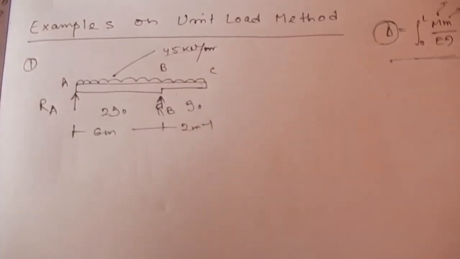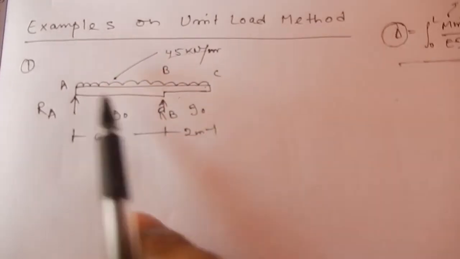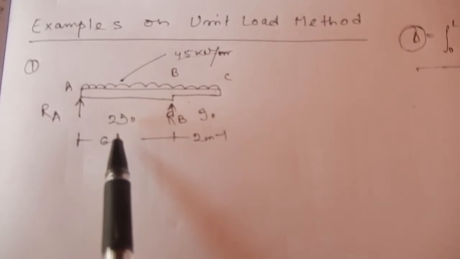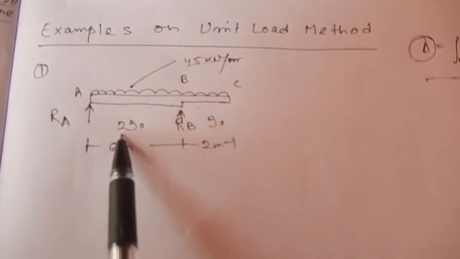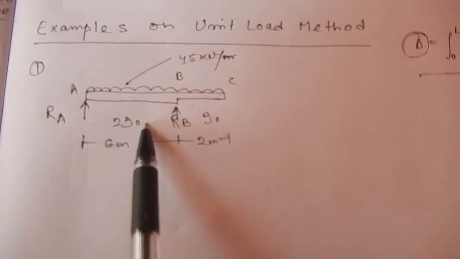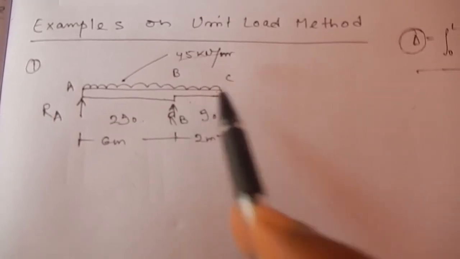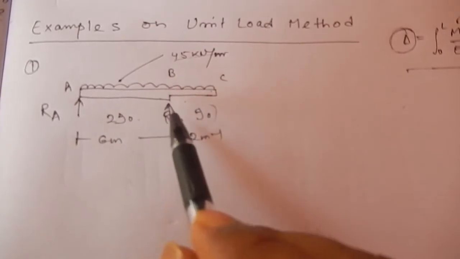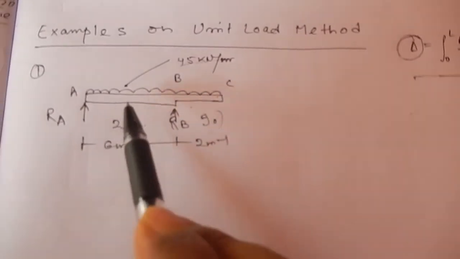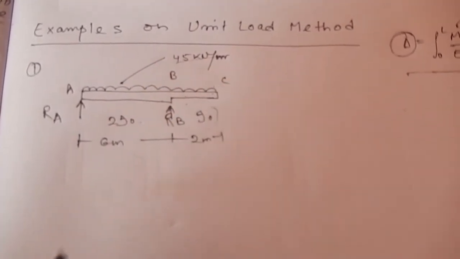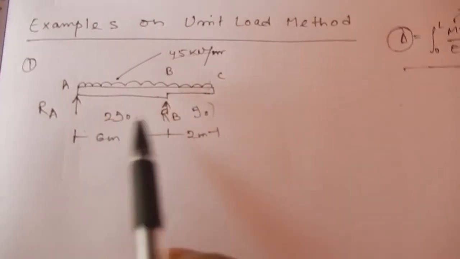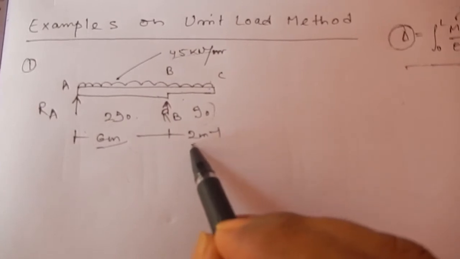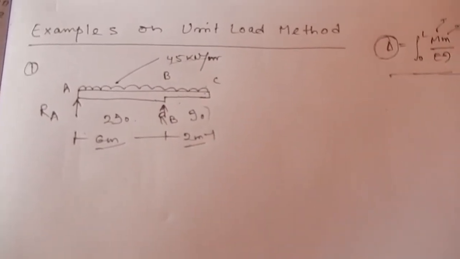The AB part has 2I, and the BC part has only I, so the geometric property is different in the two portions. AB has a length of 6 meter and BC has a length of 2 meter, right?